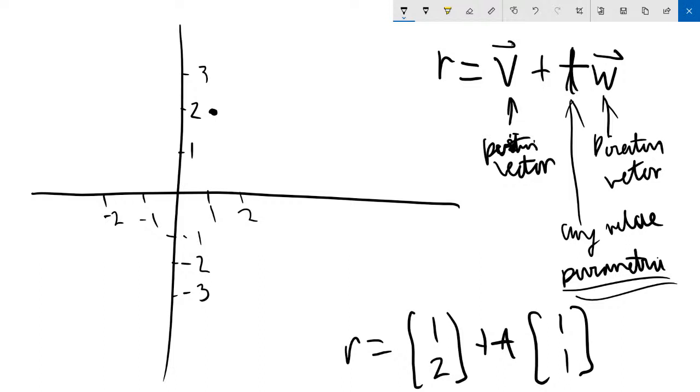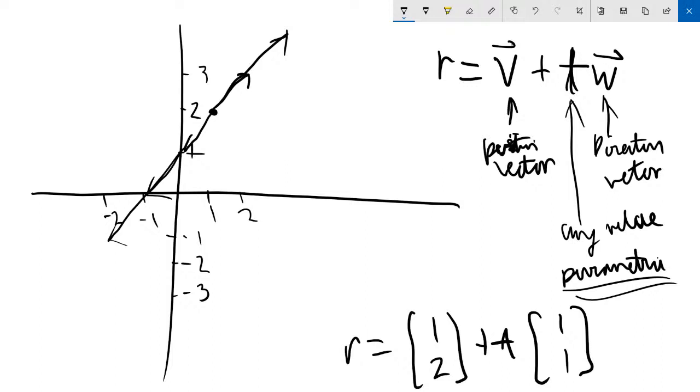So now this is 1, 2. The direction vector 1, 1 will reach this point. If t was 1, you would add 1, 1 and you would reach this point over here. If t was negative 1, you would go in the opposite direction of 1, 1 and go there. If t was 2, you would go farther away in that direction. If t was negative 2, you would go in that direction. And if t was negative 3, you would go all the way down to there.